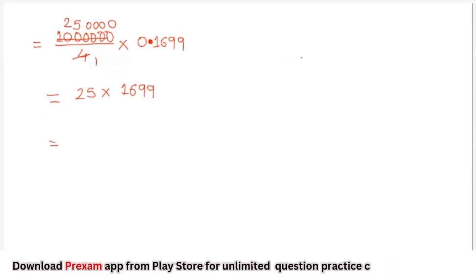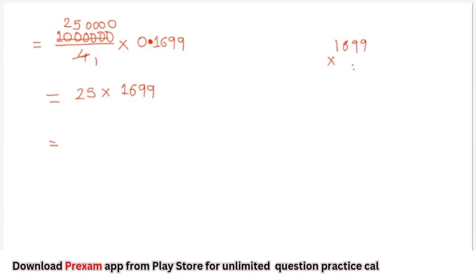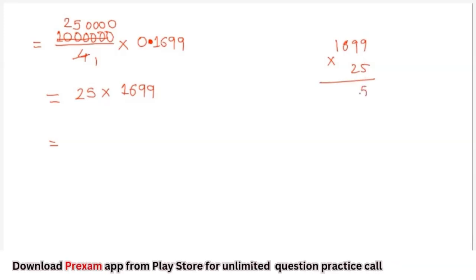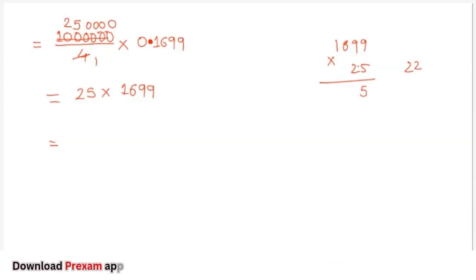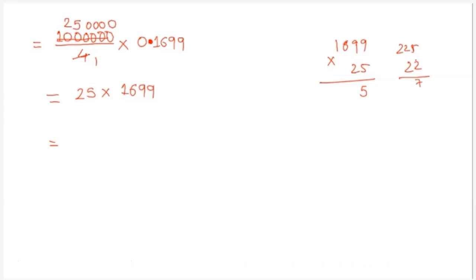Let us do this multiplication. 1699 multiplied by 25. 25 nines are 225. So 5 carry 22. 225 plus 22, 247. So 7 here. This is 6. 25 sixes are 150. 150 and 24 is 174.